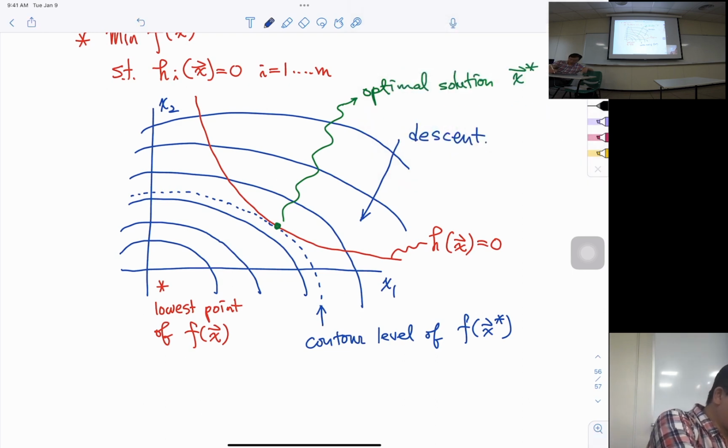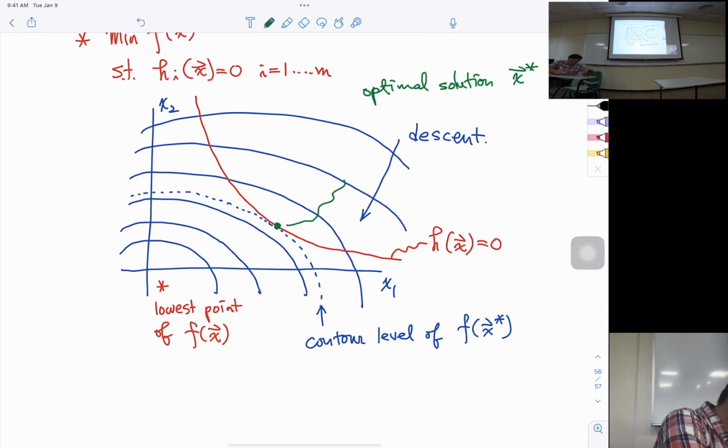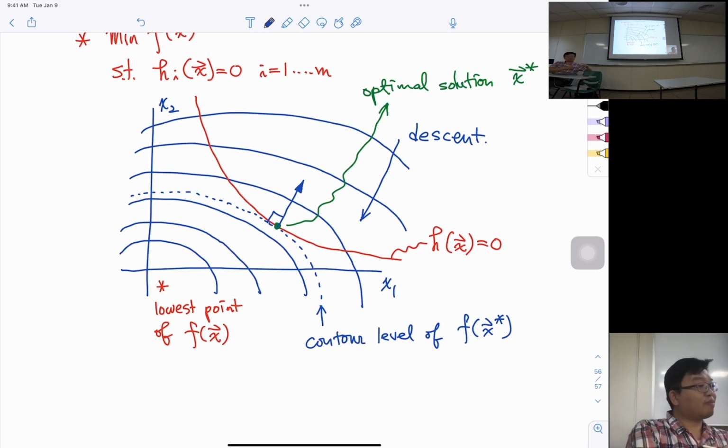Let me show you what the gradient direction looks like. Before I do that, let me move this curve because it's blocking my way, so let me redraw this. Okay, so the gradient of function f is over here, and it's perpendicular to the blue dashed curve. This is the gradient of f.